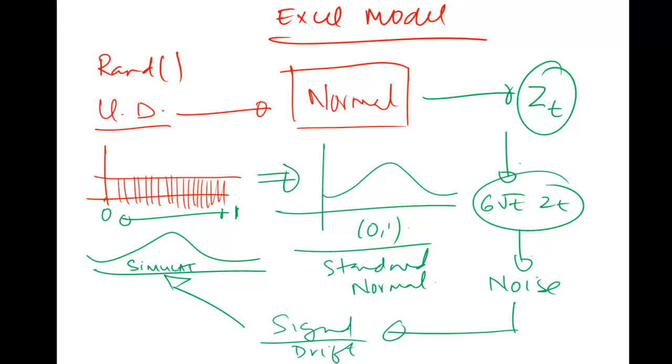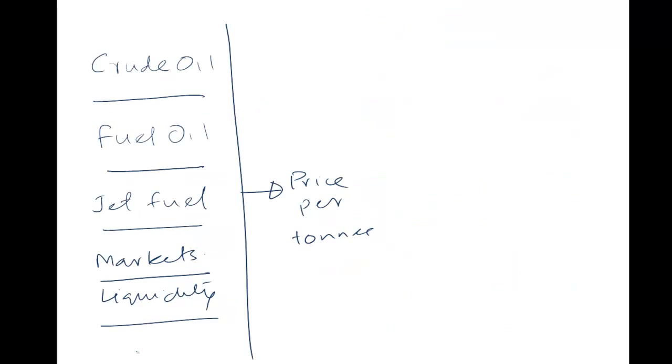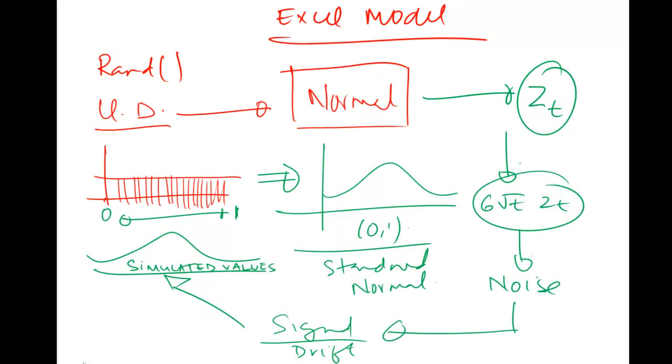So you take these simulated values, plug them into your financial model, and you're done. Whatever you're trying to simulate, whether it's fuel prices, gold prices, or financial portfolio security prices, the Excel model generates the prices for you. You plug them into your financial model, and that should complete a large part of your exercise.